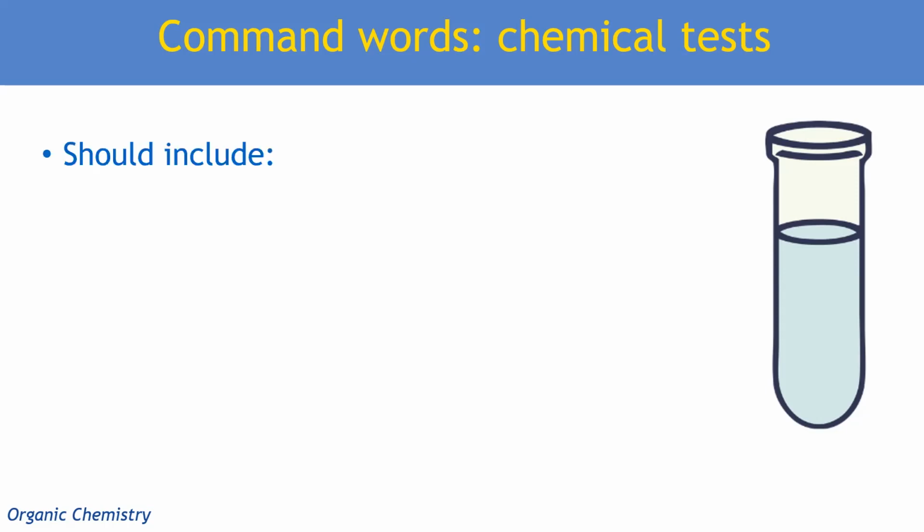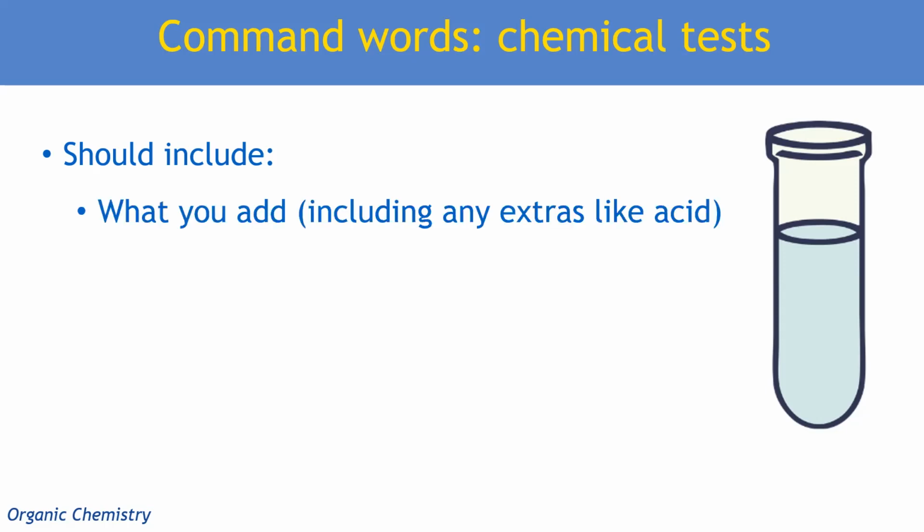So if you are asked for a chemical test, and this doesn't have to be organic, this could also be for testing for ions as well, inorganic stuff. You need to say exactly what you add, and you might have to add two things. So you might have to add acid as well as silver nitrate, which is not really an organic test.